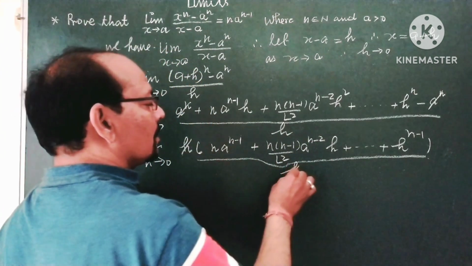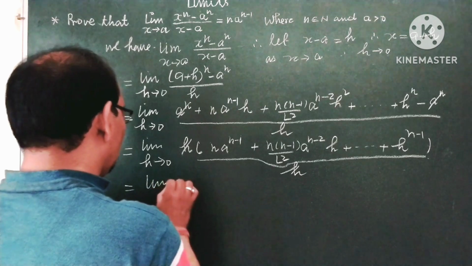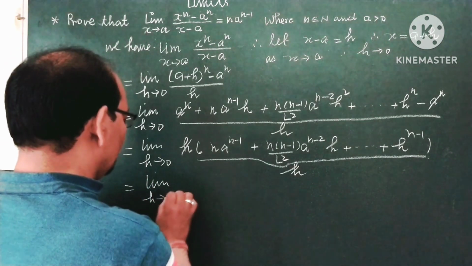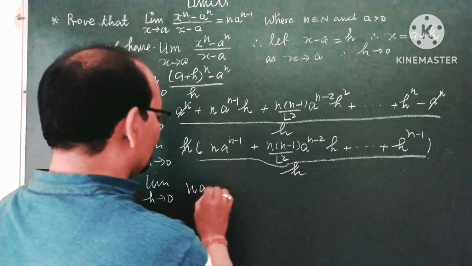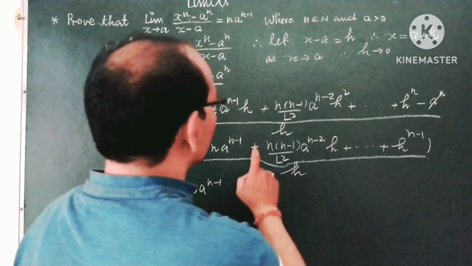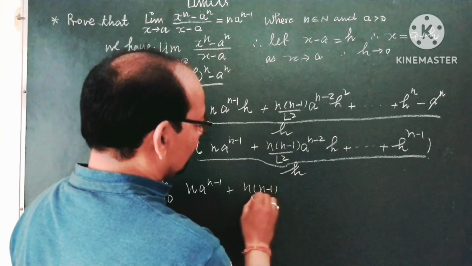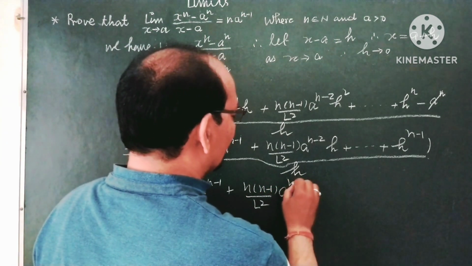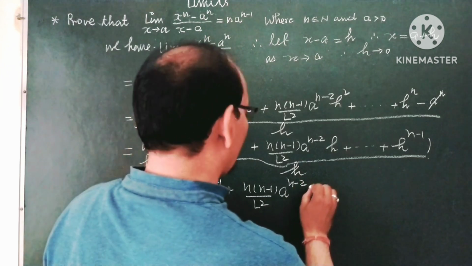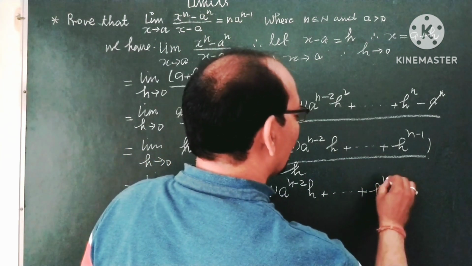This h and this h cancel. Therefore, it will be limit h tends to 0 of n into a raised to n minus 1, plus n into n minus 1 upon factorial 2 a raised to n minus 2 h, plus and so on, plus h raised to n minus 1.